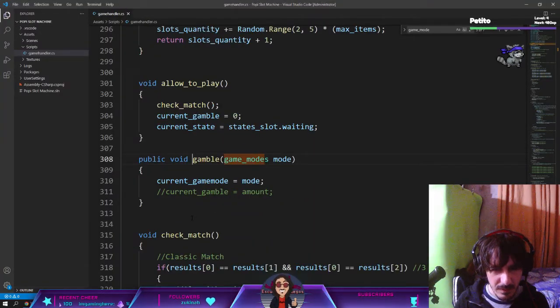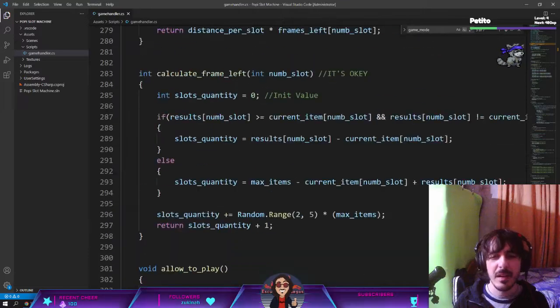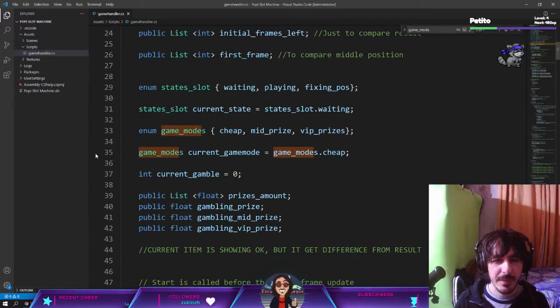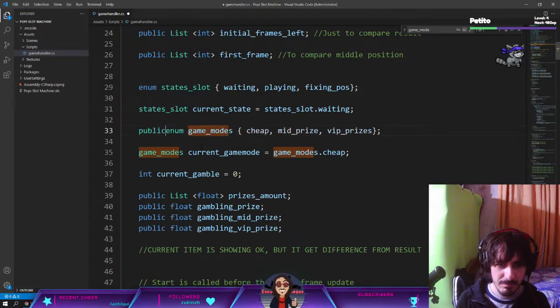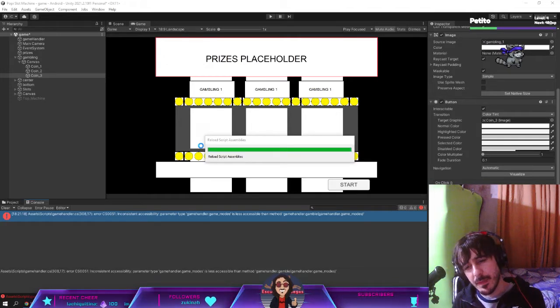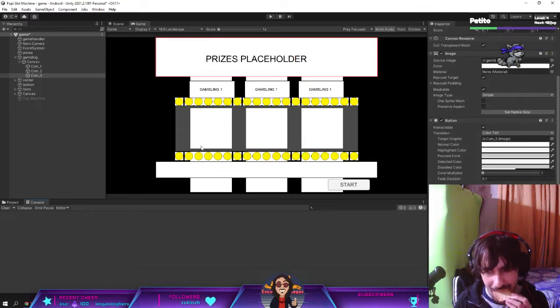Okay. Which says inconsistent accessibility parameter. Okay, I need to establish it as public, so I can have access to it. The dog is barking.